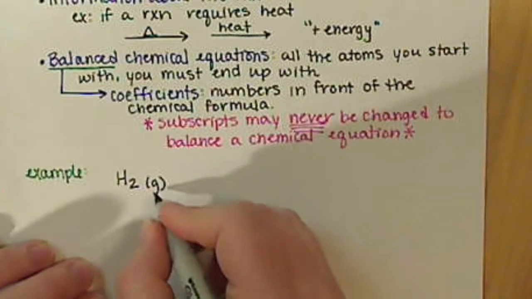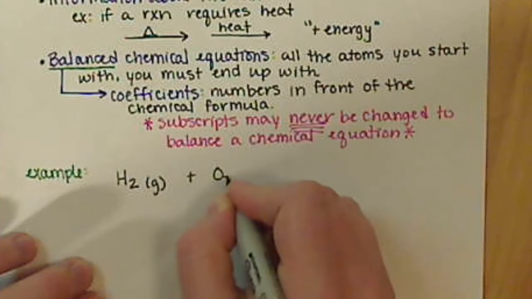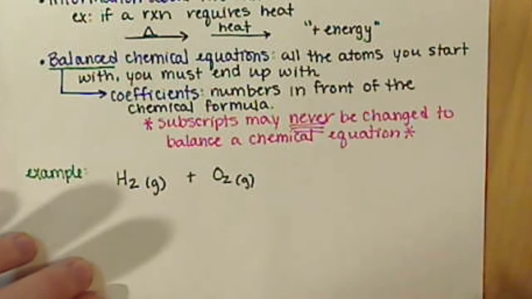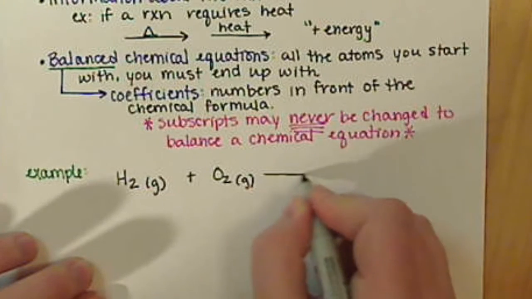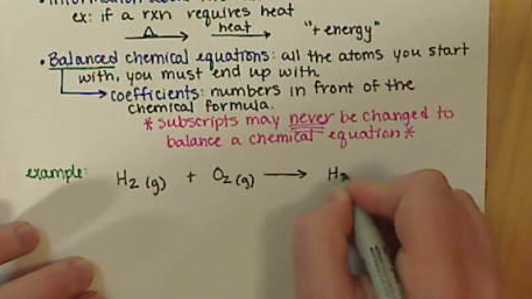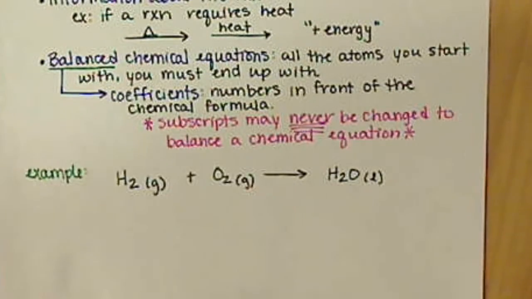So we have hydrogen in the gas phase, and we're going to combine that with oxygen in the gas phase. And we're going to form water. Let's make it interesting. Let's say we're going to condense it. We're going to have it in the liquid phase.